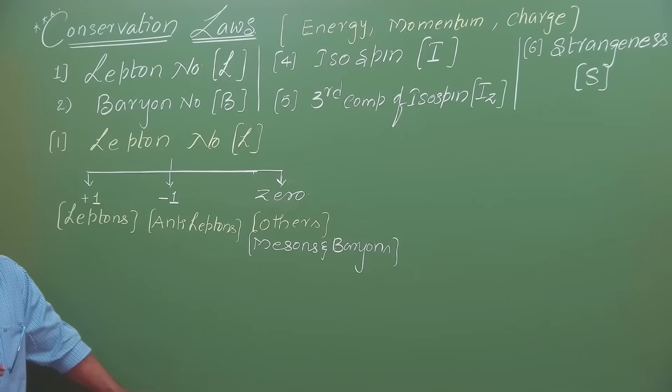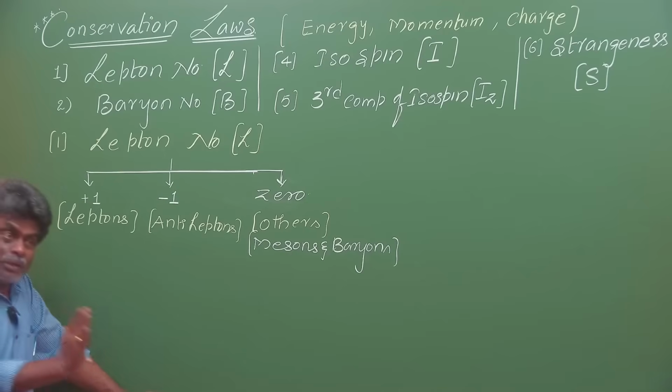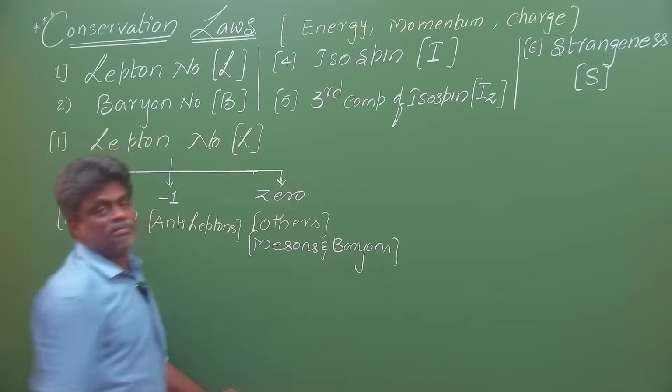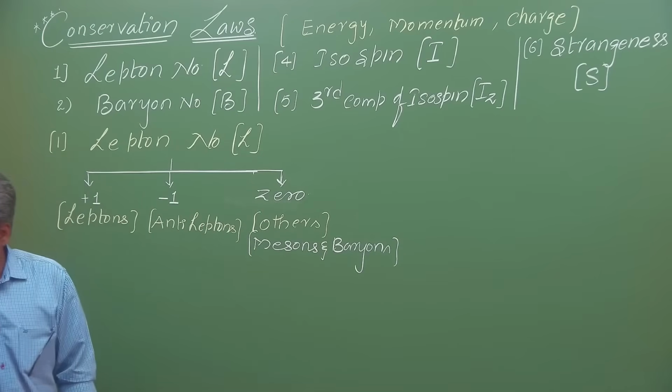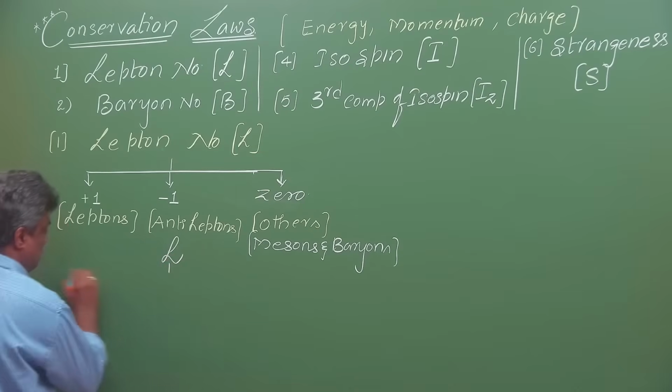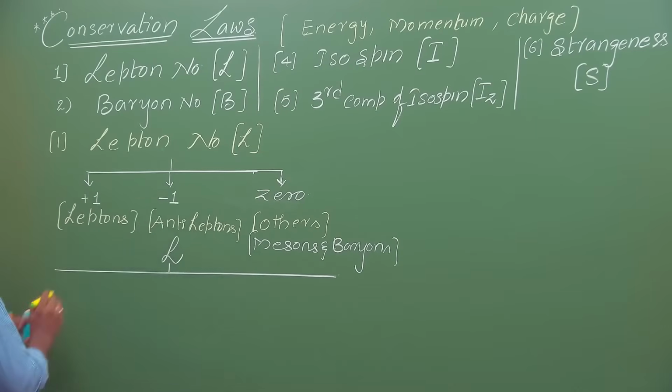One more time I am saying, lepton number you should not check overall for leptons. You have to check separately for electron family, mu family, tau family. Very important. While you are checking the lepton number, I hope you understand what I am saying.